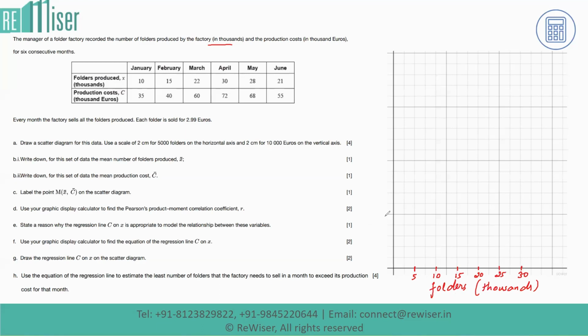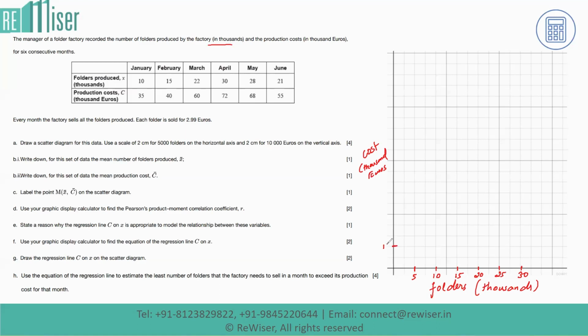And on the vertical axis, I need to use 2 centimeters for 10,000 euros. This is basically the production cost, of course in terms of 1,000 euros. The maximum cost that we have is 72, so let us draw it up to 80.